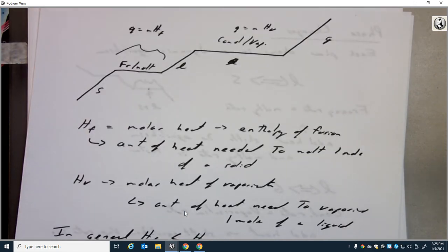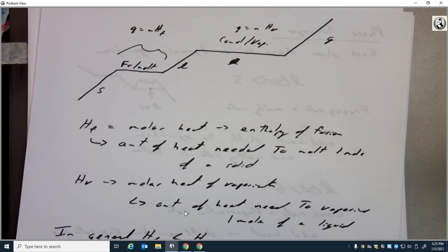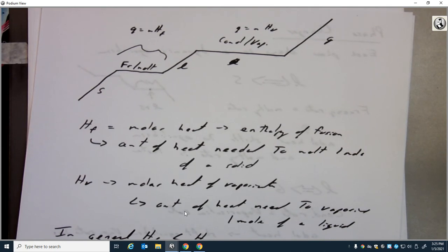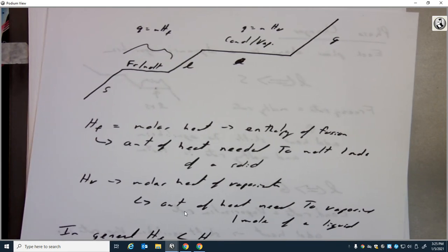So why is this? In general, why is the heat of fusion less than the heat of vaporization? Well, when we're vaporizing, we have to completely overcome all the intermolecular forces.